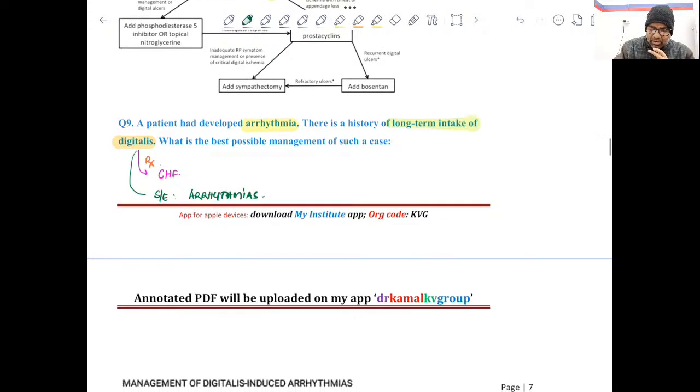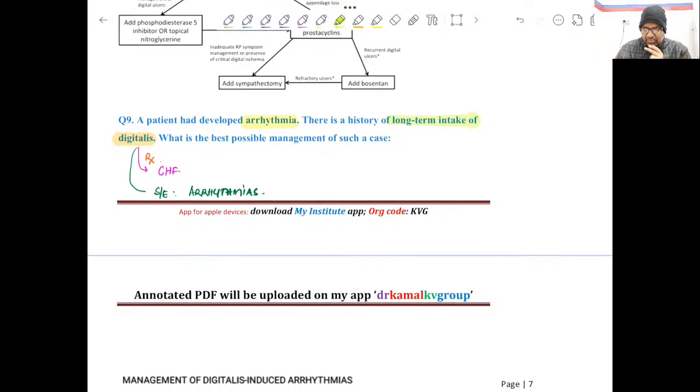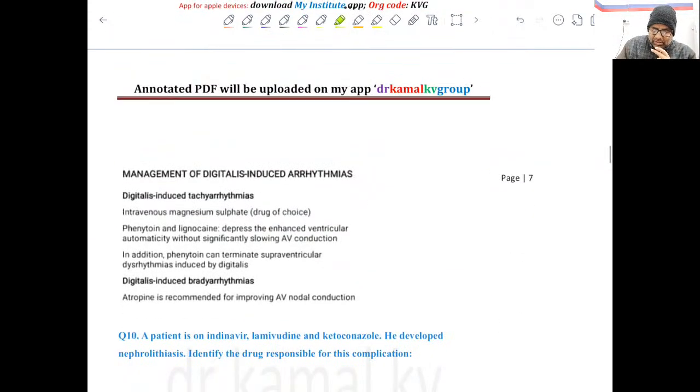Now for arrhythmias, we have plenty of options, whether fast arrhythmias or slow arrhythmias. Tachy means fast, brady means slow. Usually we see tachyarrhythmias, where we can give magnesium sulfate, which is the drug of choice. Apart from magnesium sulfate, we can also give phenytoin, but most importantly lignocaine, or lidocaine.